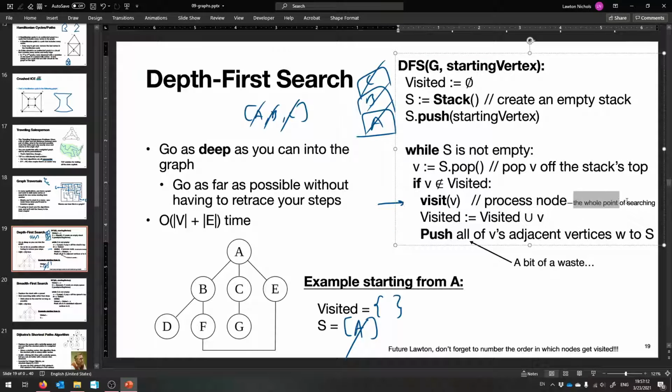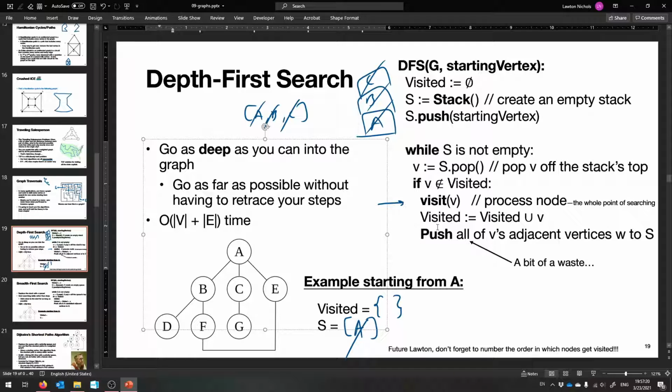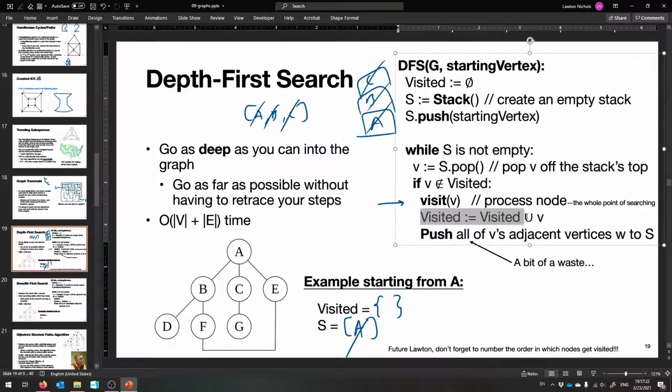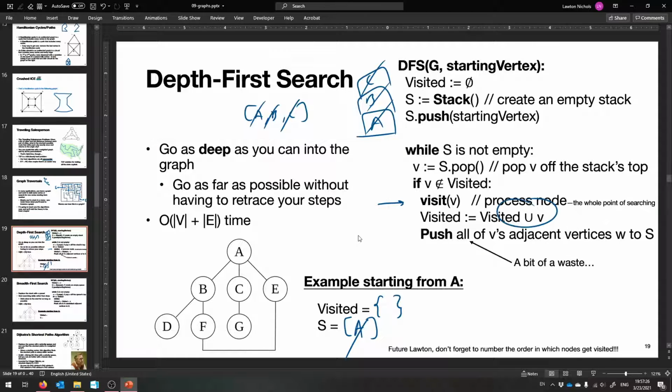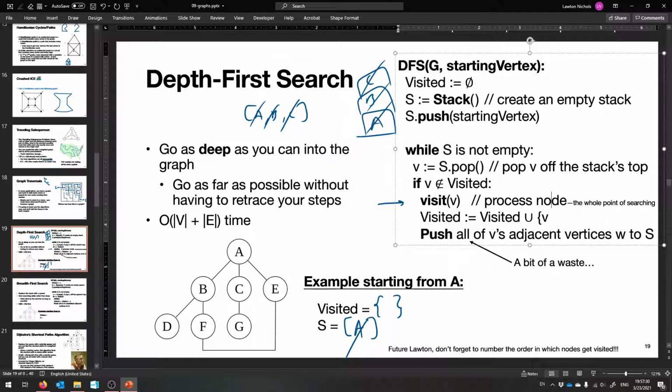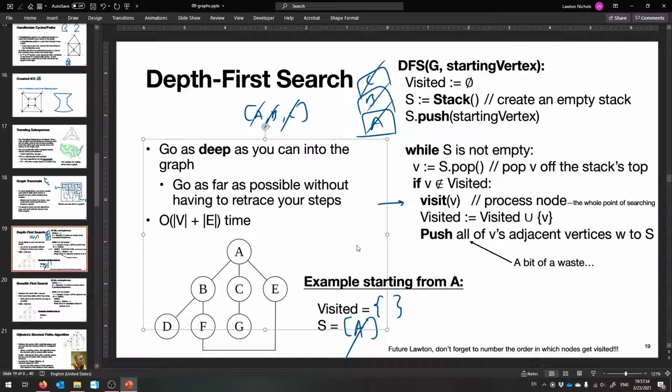This is actually the whole point of doing a search. You want to visit all the places and do something with them. So that's what visit encompasses. And then, after we visited A, we're going to change our visited set to be whatever it was, union the set with that vertex, that would be more correct. So now, visited holds A.